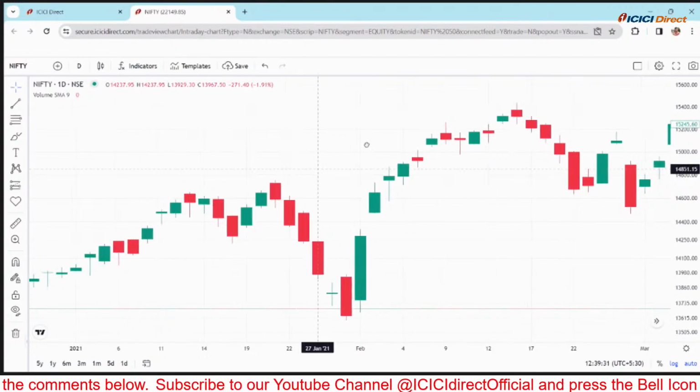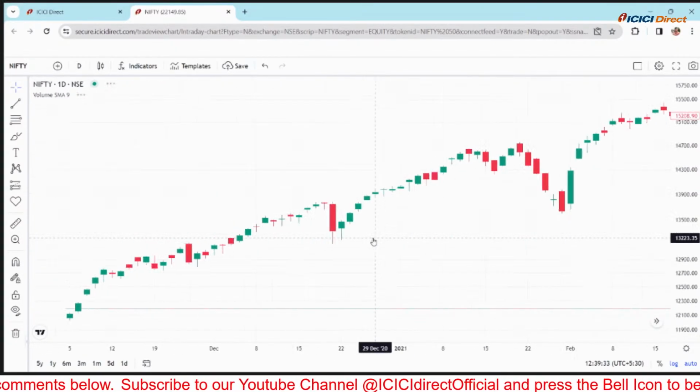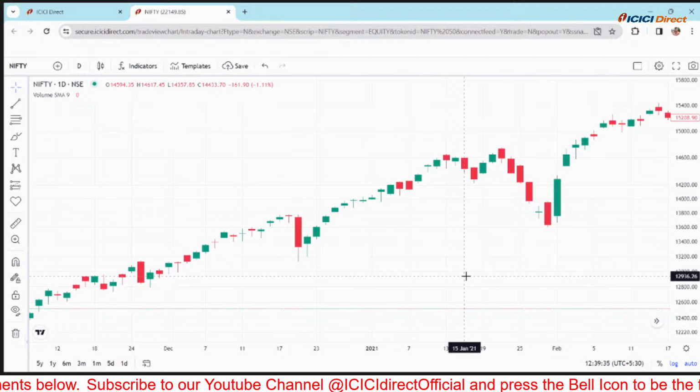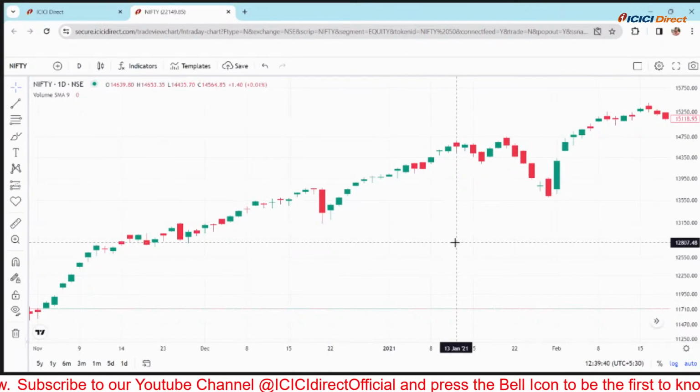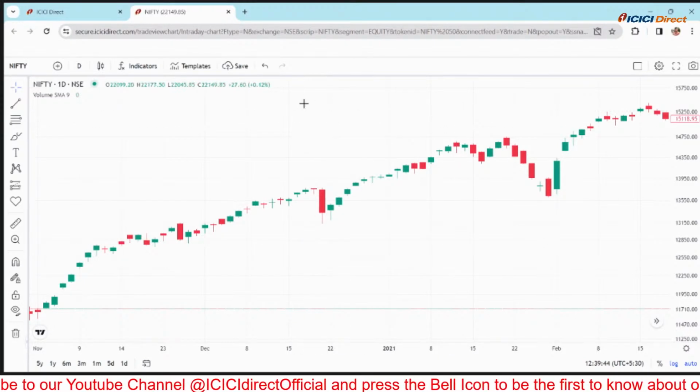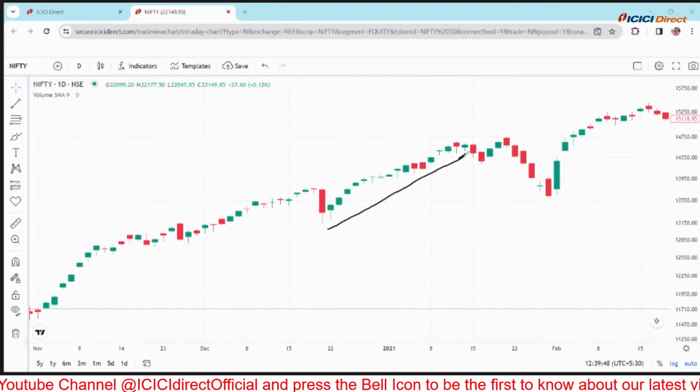I think this is a diagram I had. This is a chart I have taken, I guess, to explain. So this was in January 2021, viewers. Can I say this is the uptrend?